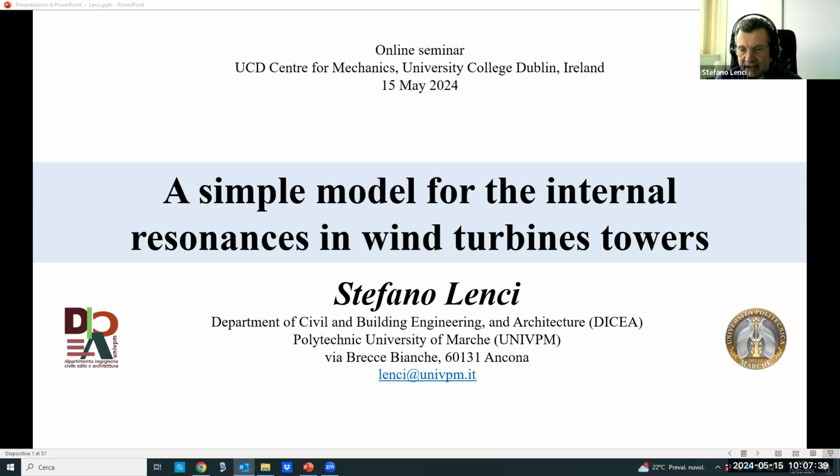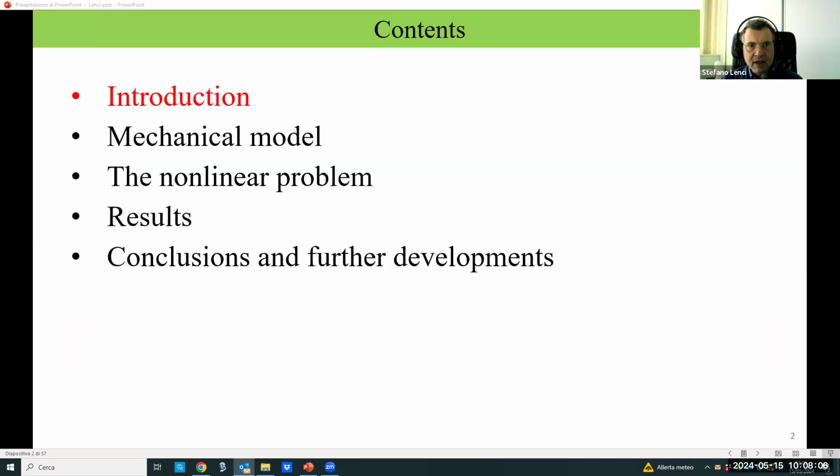Of course, they will be needed when you design and check it. But in the preliminary part, when you have to address the problems, you need simple models so that you can fully understand the mechanism behind it, and of course, take care of it, avoid mistakes, or even exploit it if you believe it is useful. So simple model is the keyword of my talk.